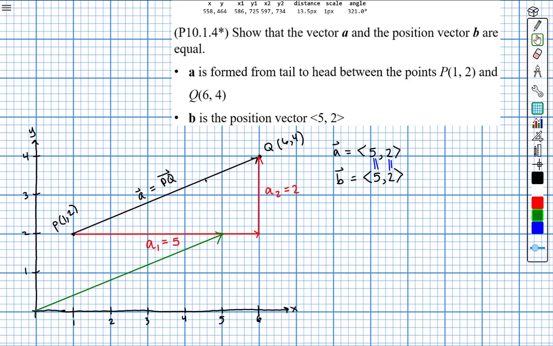So when I translate vector A to start at the origin, notice how vector A matches vector B. Those two vectors are equal because their components are equal.